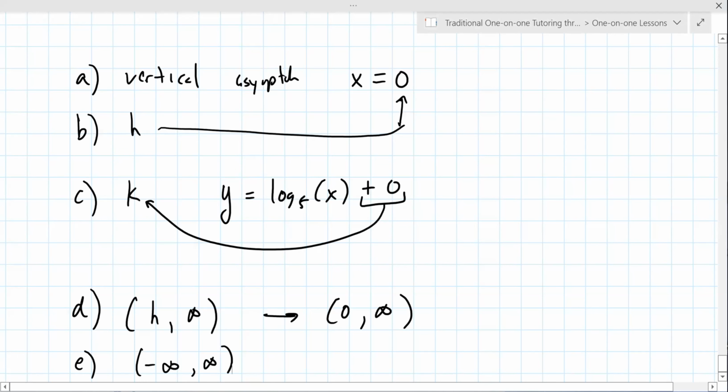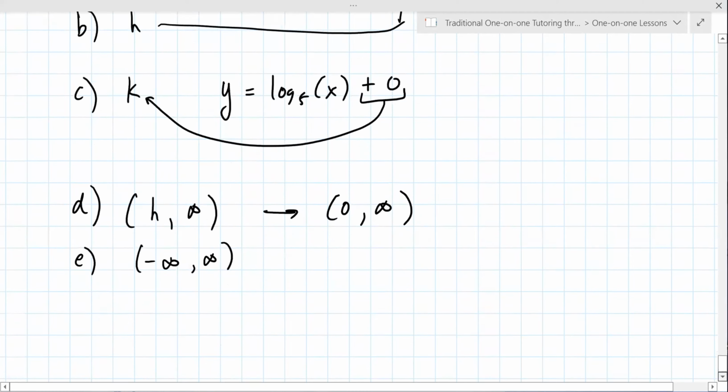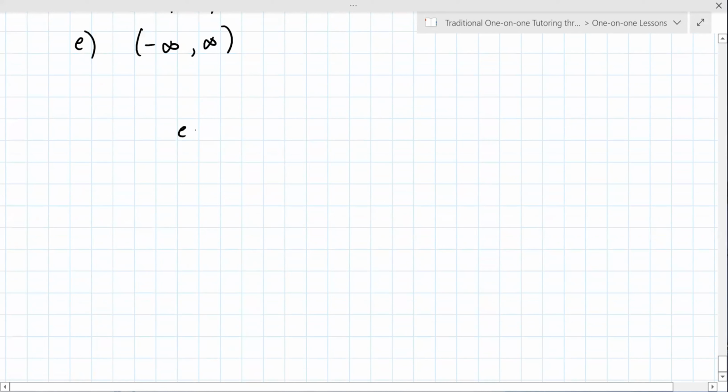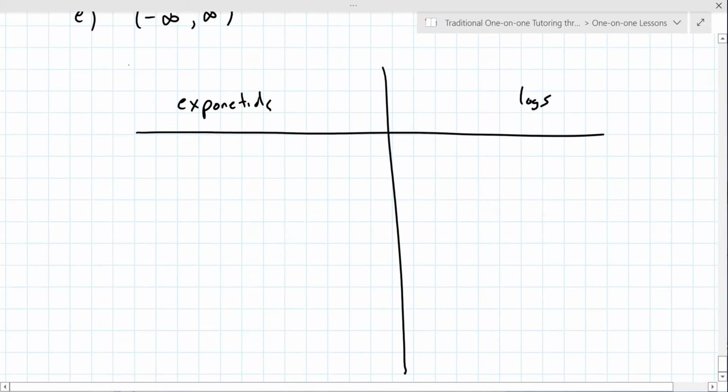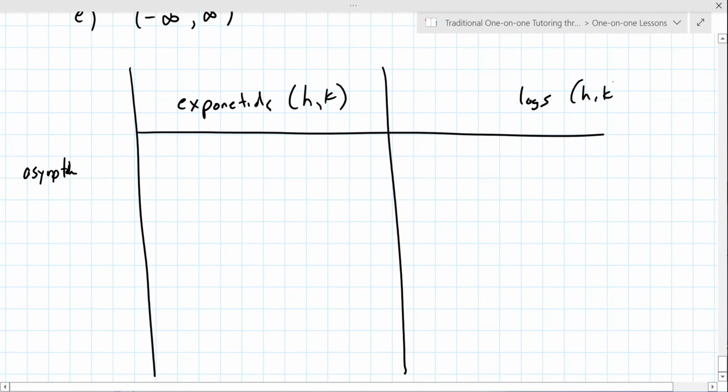That's fine. All right. So what I mean by that is we're going to make a table here. So we have exponentials and logarithms like this. The first thing that you're comparing in both of these is the asymptote. Consider them both to have this h, k, because we've been talking a lot about that.